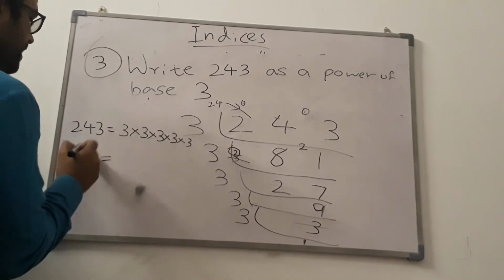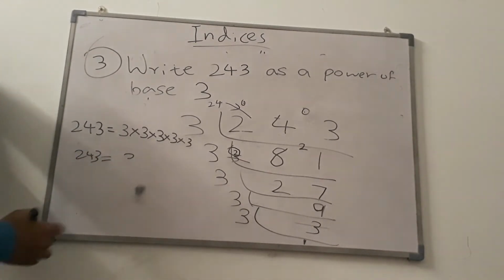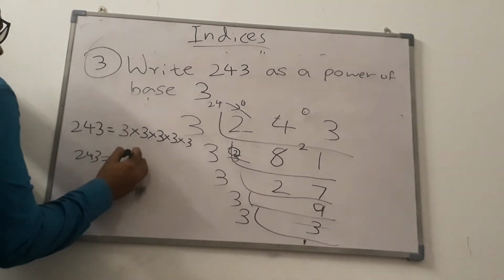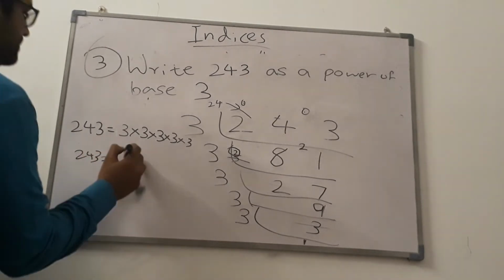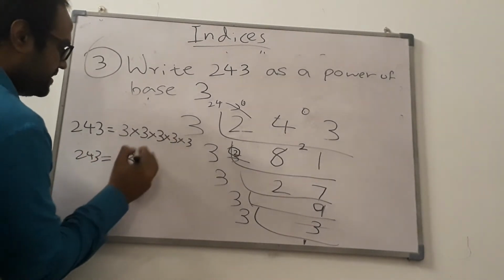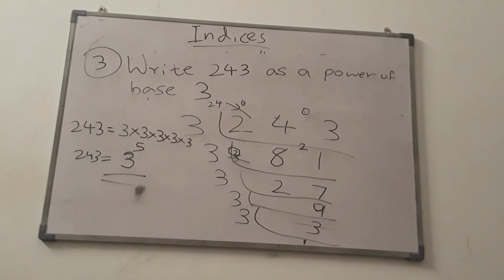So we can write 243 as a product of 5 as a power. There are 5 3's, so it is 3 to the power 5.